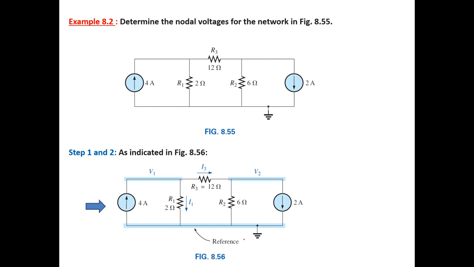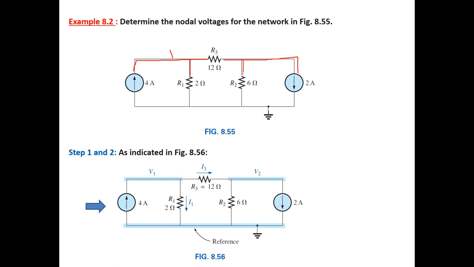Okay, let's check the last example here, which is example 8.2. Again, determine the nodal voltages for the network in figure 8.55. So again, guys, study your circuit. First of all, determine all the nodes. So this is node number 1. It's clear here, and a node means any line or any point that receives many connections. So this is 1.